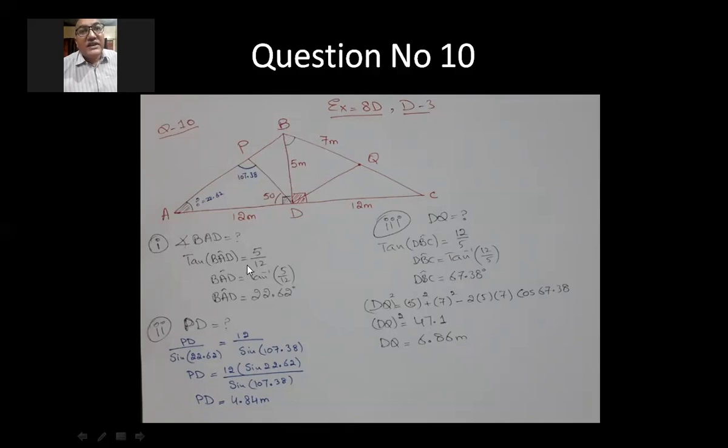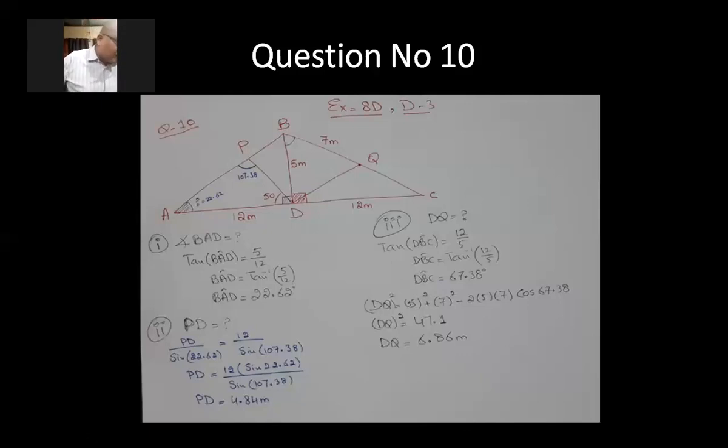Tan of the angle BAD equals perpendicular by base, that is 5 by 12. So tan will go to the other side and become tan inverse. Shift tan bracket 5 divided by 12 bracket close equals, you get 22.62. So this angle here will be 22.62. Hopefully you have understood how we found that angle.